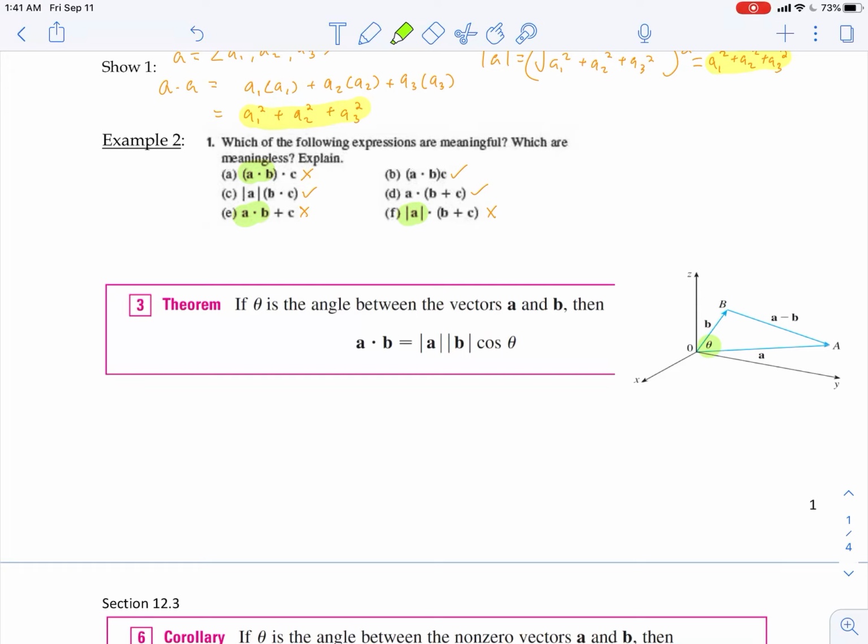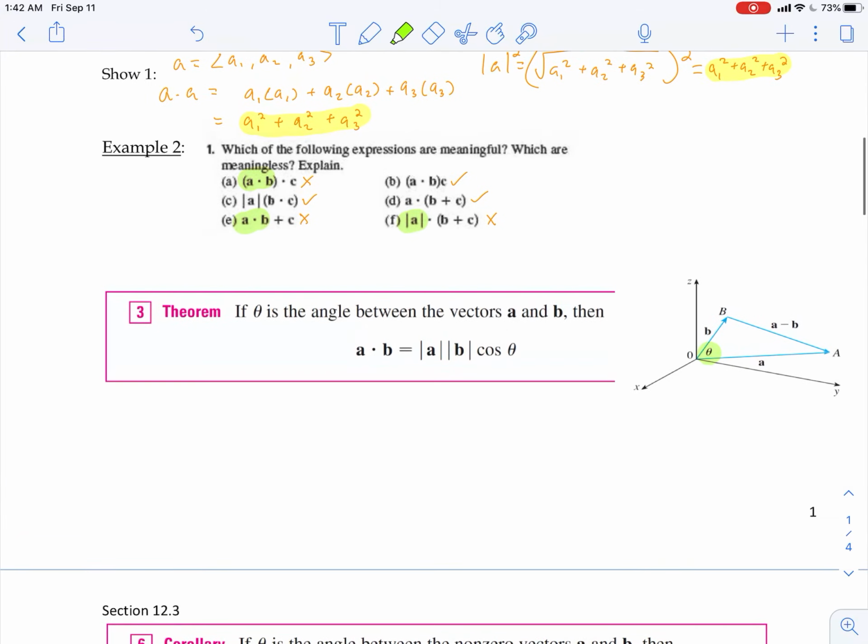If we don't actually know what vector A and vector B are, but we know the magnitudes of A and B, and we know the angle between those two vectors, we're able to find the dot product. This is also useful in case we want to find cosine theta, which I'll explain on the next page. But that's it. Again, you don't have to watch the next video that I'm going to post. I'm just going to post a proof to this.